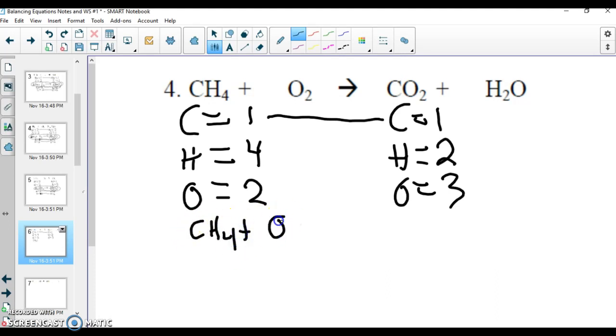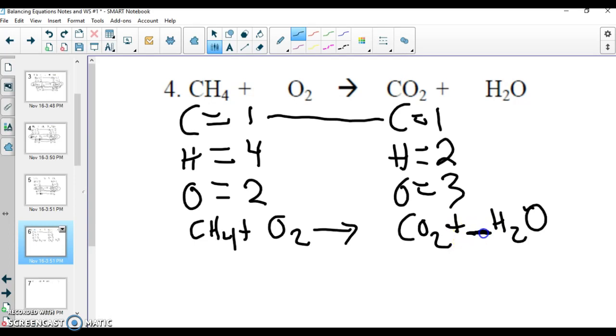So I'm going to rewrite the equation. And so what I'm going to try to do, I'm going to choose either oxygen or hydrogen to try to fix and get balanced. And so I'm going to start with the hydrogen. And so I'm going to put a coefficient right in front of here to try to get 4 on the right and get 4 on the left.